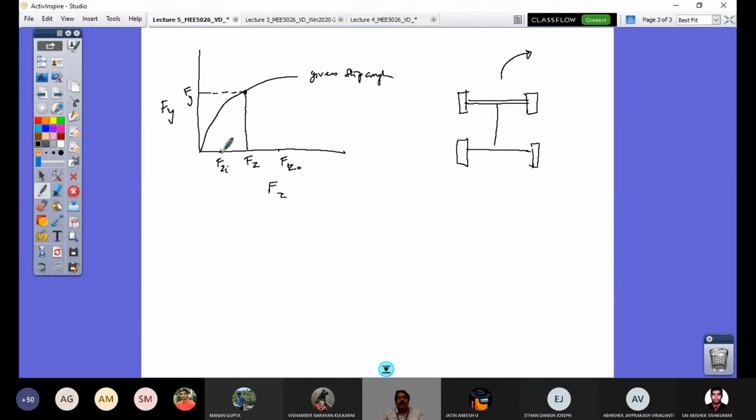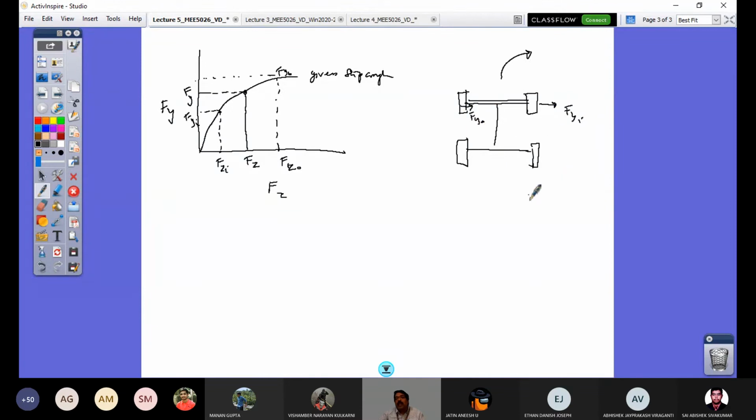So then what would happen? I'll have the corresponding values generated, which would be Fyi and Fyo. So what do you understand? If I have a single wheel, and the variation of Fy is given by this graph, then if I have two wheels in an axle, what would happen? In one axle, I have here Fyi and here Fyo.